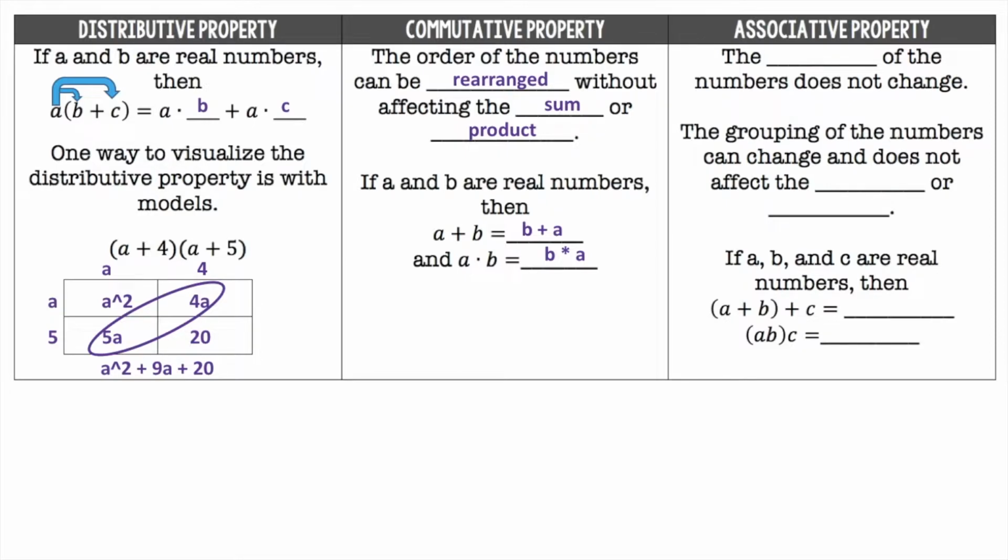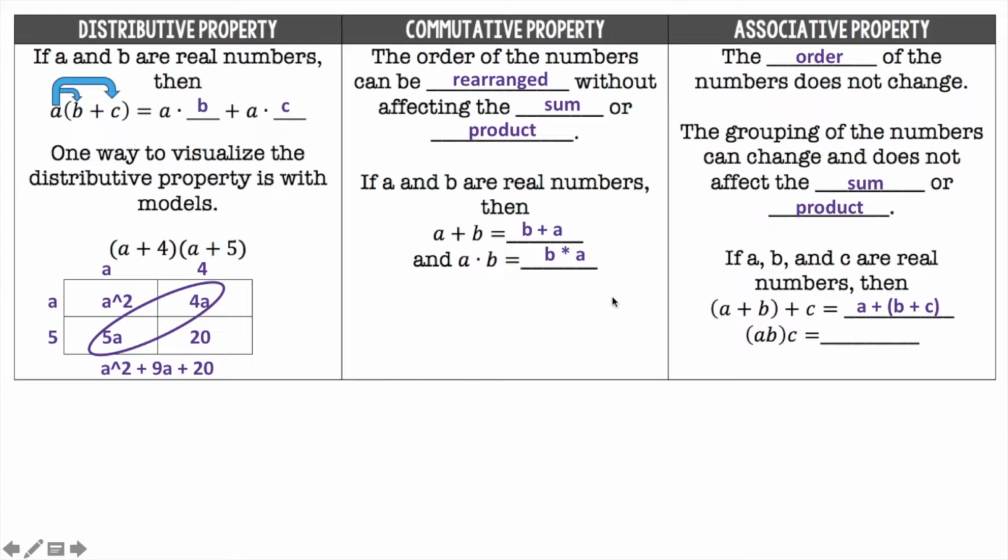Then associative property, the order of the numbers does not change, but the grouping is what changes. So the grouping of the numbers can change and does not affect the sum or the product. So down here, let's take a look at an example. We have if A, B, and C are real numbers, then (A plus B) plus C could also be A plus (B plus C).